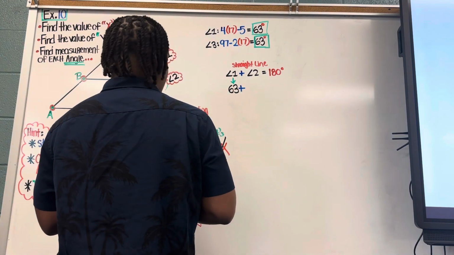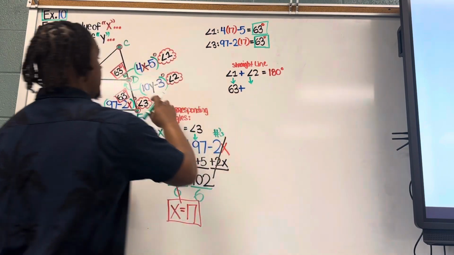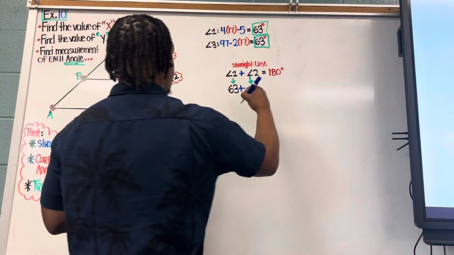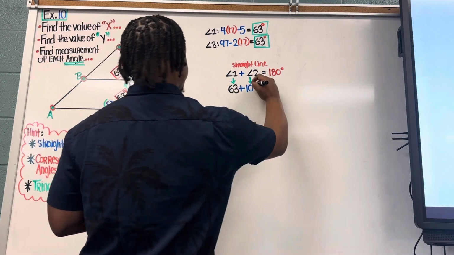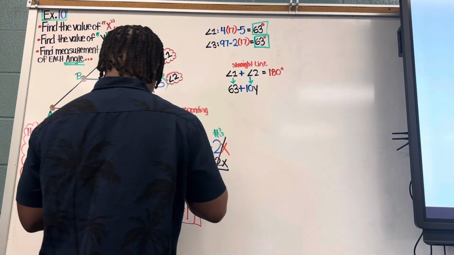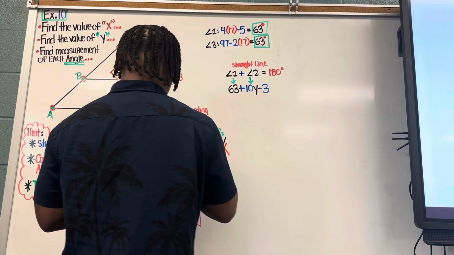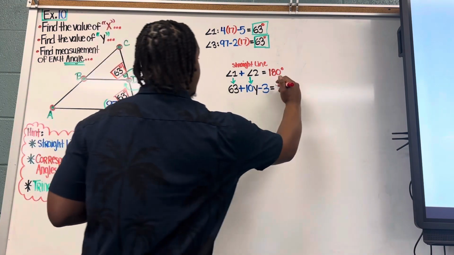now we're going to bring down the expression that represents angle 2. Angle 2 is 10y minus 3. So it's going to be 63 plus 10y minus 3 equals 180.